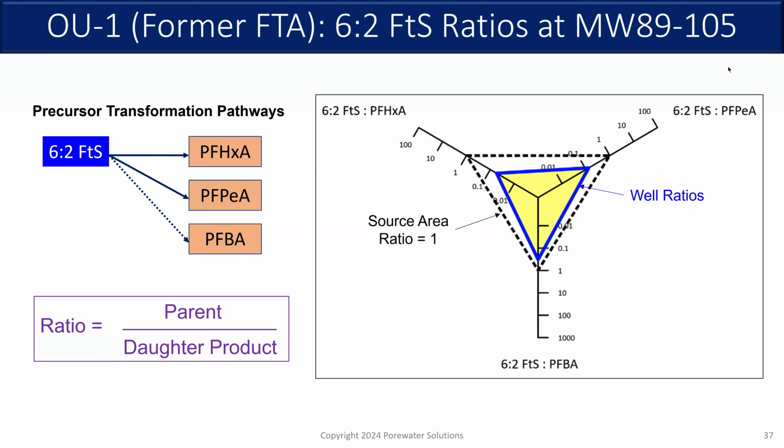So that's really good evidence that the 6,2-FTS has been biodegrading along the flow path, probably stimulated by the injection of oxygen. And that's shown by both 6,2-FTS decline and daughter product increase. But now we're using ratios to show that instead of the actual concentrations. So it turned out to be a nice, simple way to visualize that.